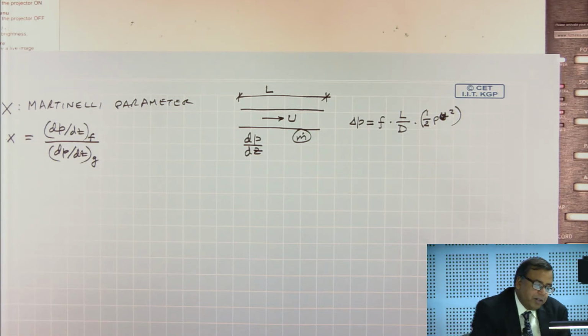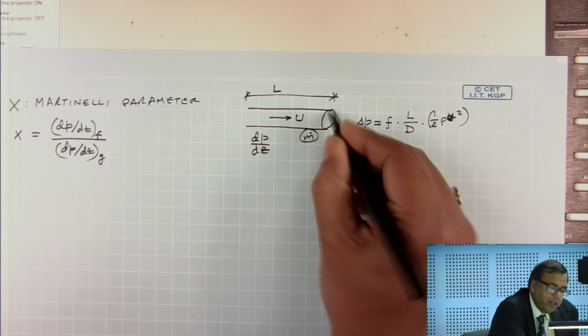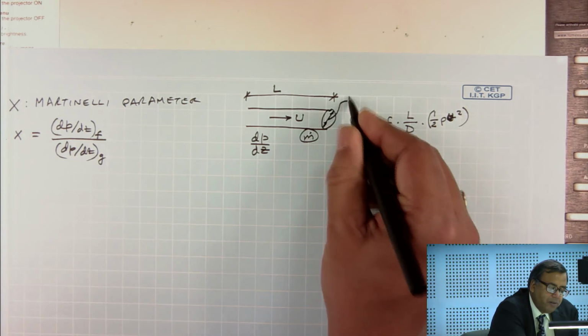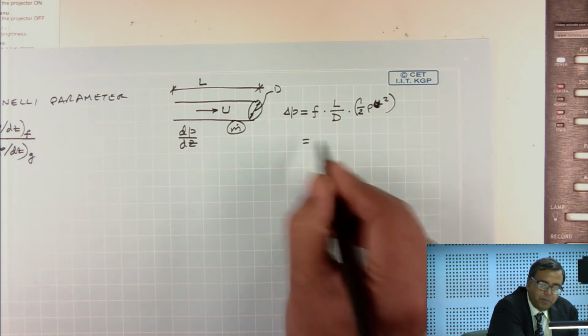Or well, if it is a circular pipe, then I can write it in terms of d, right. So, how much will it become then?